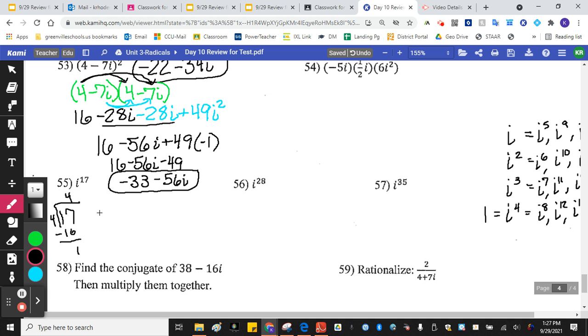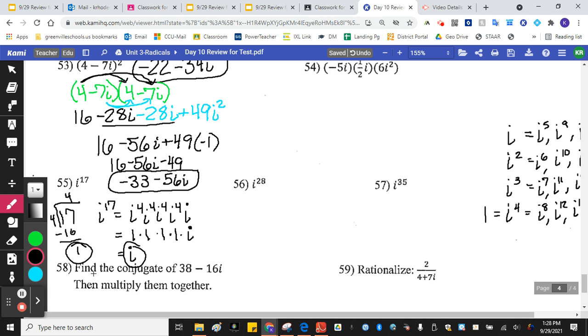So that means I can write i to the 17th as i to the 4th 4 times with 1 left over. i to the 4th is 1. So this is just saying 1 times 1 times 1 times 1 times i. So it's i. So if you can do your division by 4 and find your remainder, that's what's left over.